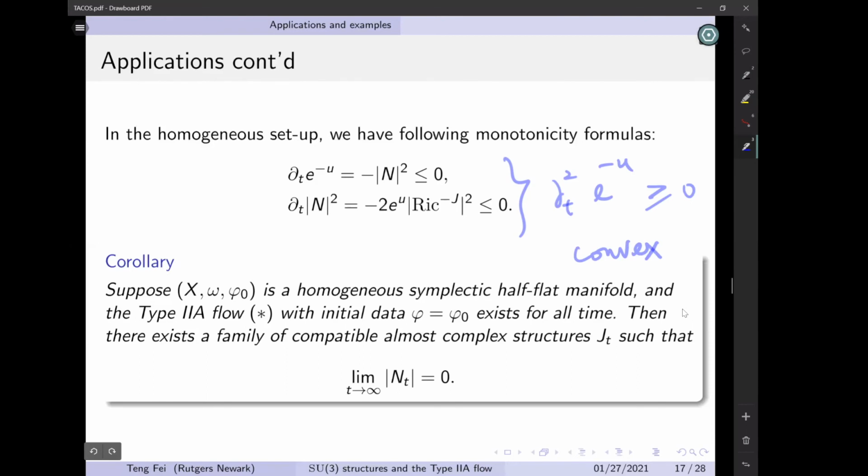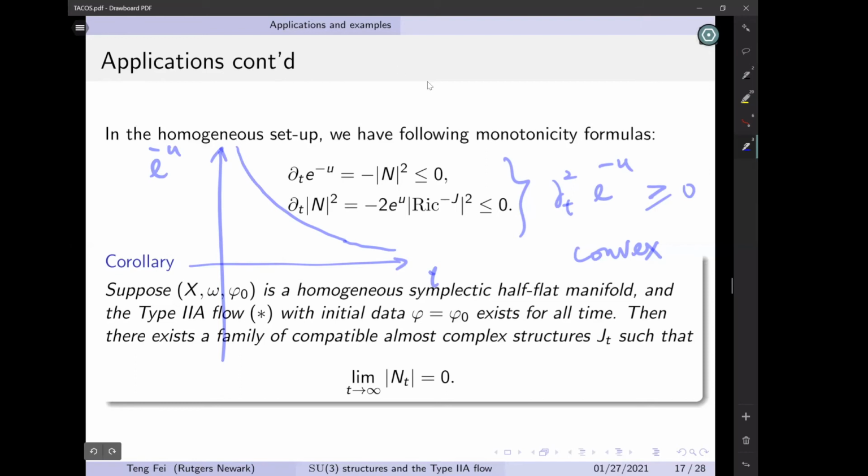But the first derivative is non-positive, so this is monotonically decreasing. So you can plot this function e to the minus u against t. It's decreasing and it's convex. And also we know it has a lower bound, 0, because e to the minus u is always positive.